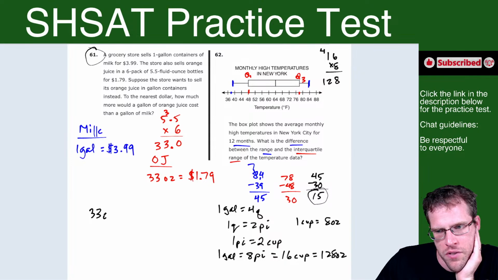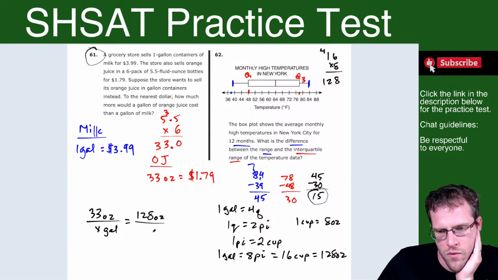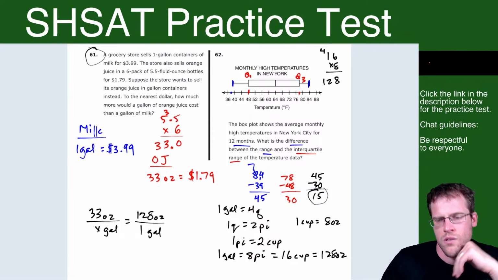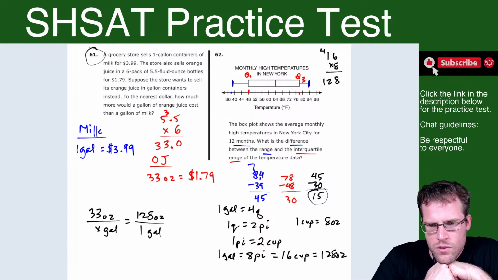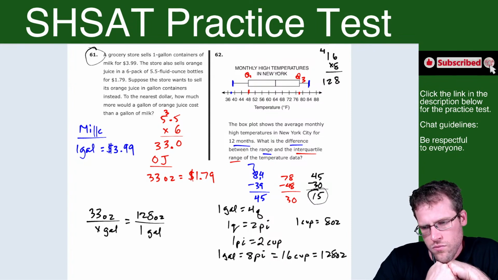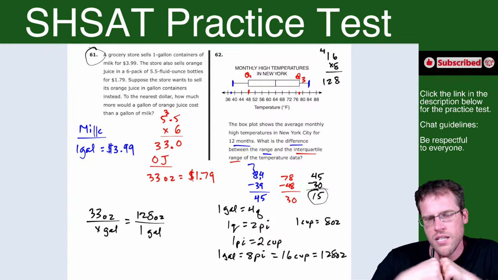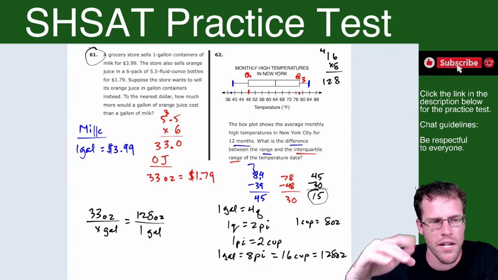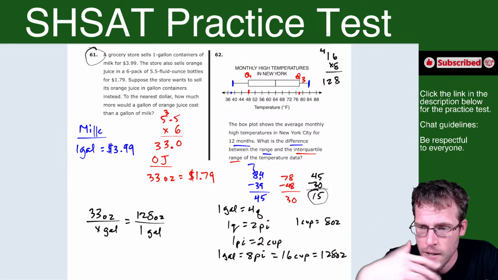All right. So now that we have this information here, what I'm getting out of this is I could turn, let me see, 33 ounces over X gallons is equal to 128 ounces over, let me just see. I want to turn ounces to gallons, but I'm just trying to think of the nicest way, considering we don't have a calculator.